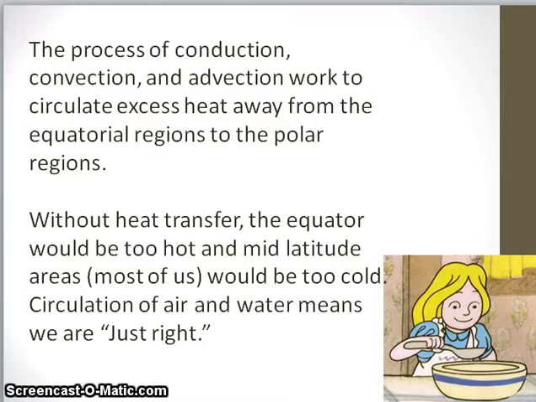So without that heat transfer, the equator would be much too hot and the mid-latitudes where most of us live would be much too cold. So because of air and water circulation, it means that at this point the planet is just right.